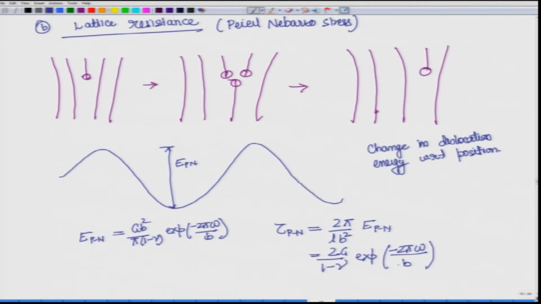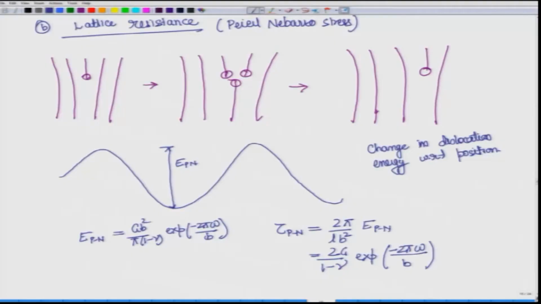So, this is the tau_PN or the stress, the minimum stress that must be applied if the dislocation is to keep moving, meaning if your stress is less than this, then it will not be able to cross the hill, and therefore, the dislocation will come back to its original position and it will not move on any further. And if you are applying a stress which is continuously higher than this, then the dislocation can keep hopping like this, one point to another point and so on, and therefore, the movement of the dislocation can take place.